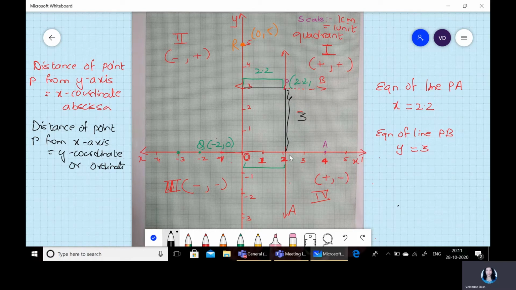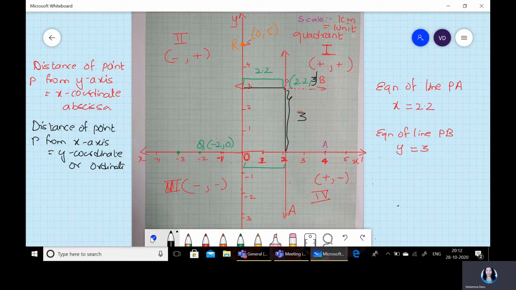So coordinate of any point in the Cartesian plane, if I want to find the x coordinate and the y coordinate, so the distance of the point from the y-axis is actually the abscissa or the x coordinate. The distance of a point from the x-axis is defined as the y coordinate or ordinate.